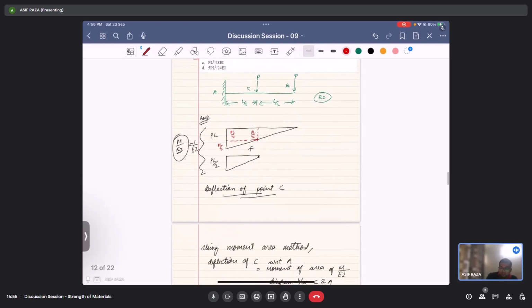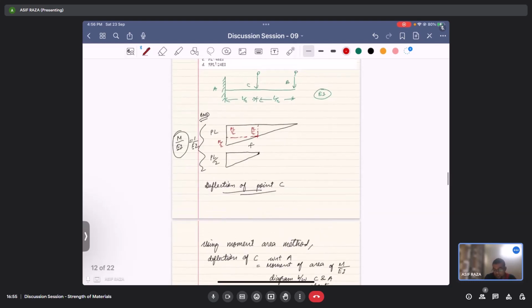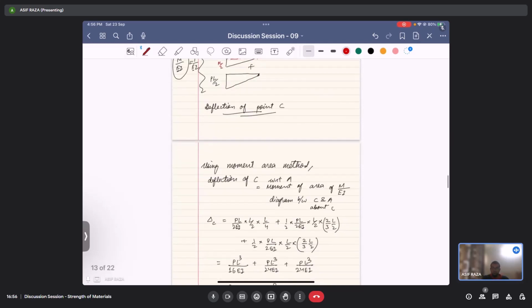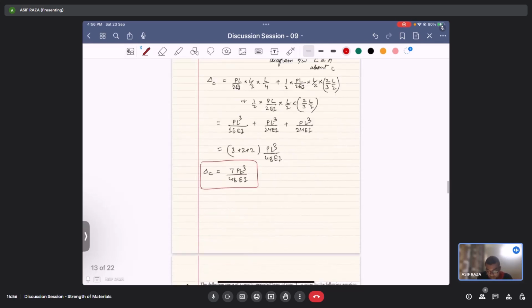The deflection at C can be computed by taking the moment area between A and C. Since we know the deflection at A is equal to 0, this is actually delta C minus delta A, but delta A is 0, so we directly know that the value would be delta C. Okay, now moving on to the next question.